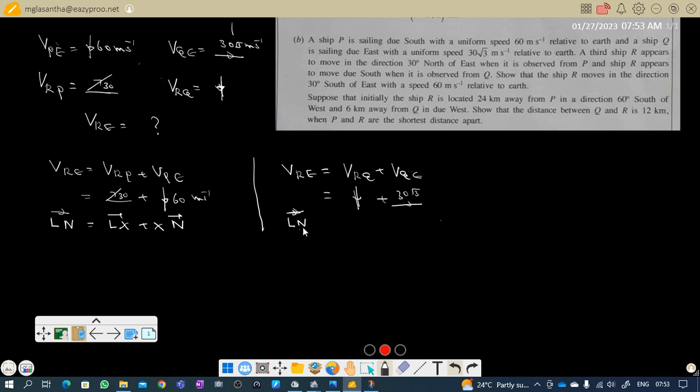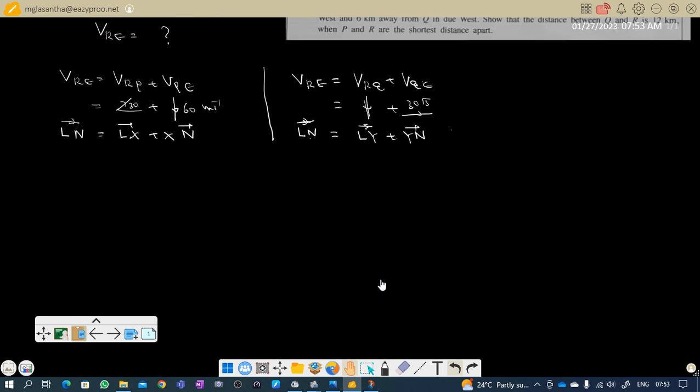So LN equals LY plus YN as different vectors. Now you can draw the velocity triangles. It is better to draw them in the same diagram, then the calculation is easy and you can compare very easily.